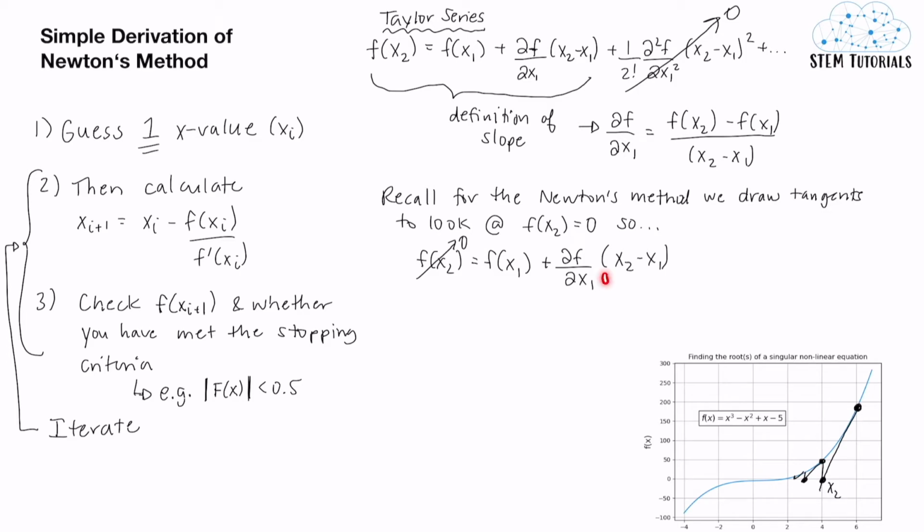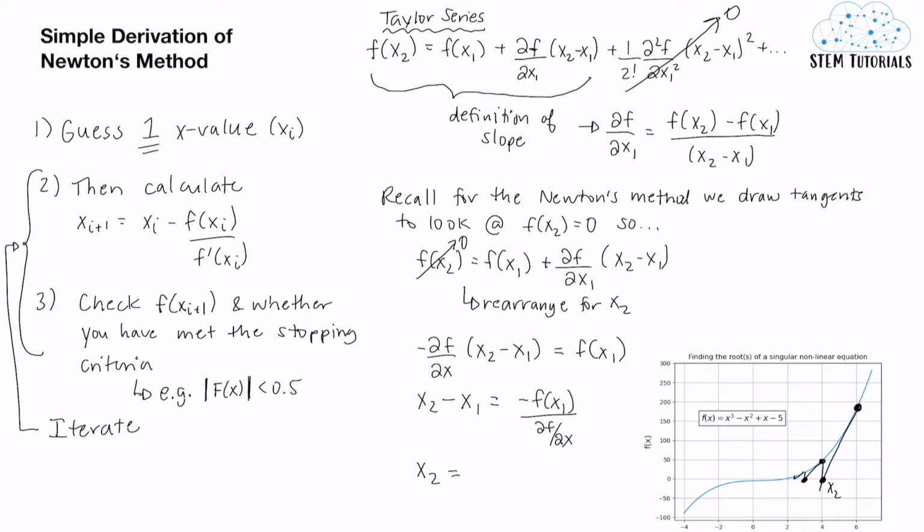If we now rearrange for our x2, which we want to solve, we want to know where this tangent intersects with x2, we'll get the following equation. So I'll just write down the steps again. Rearrange for x2. So we see here we're rearranging.